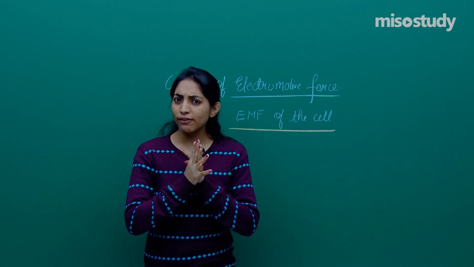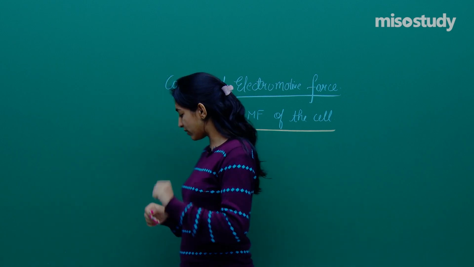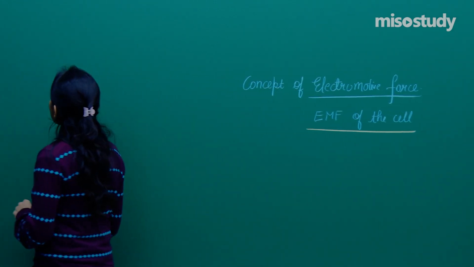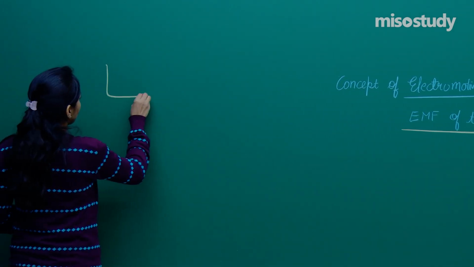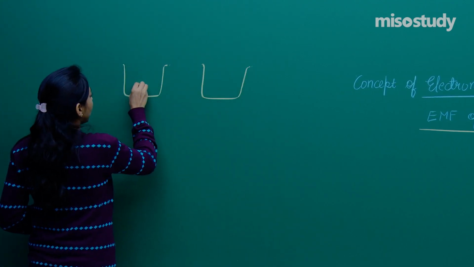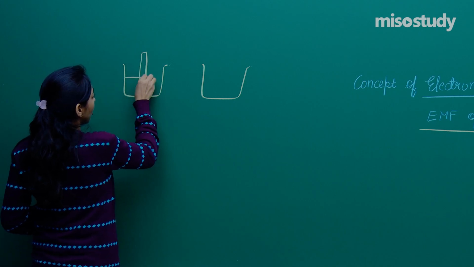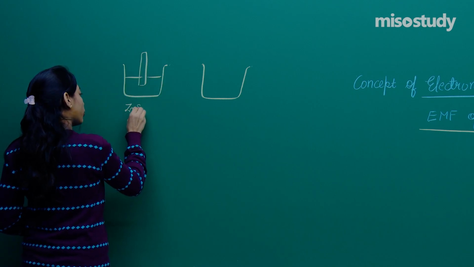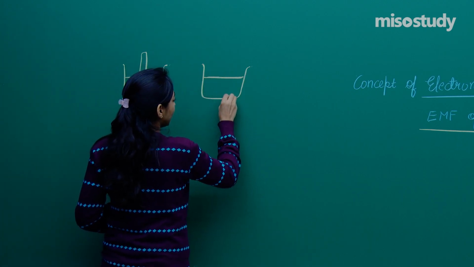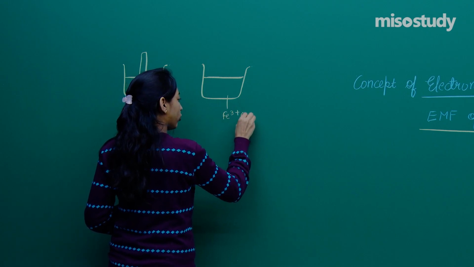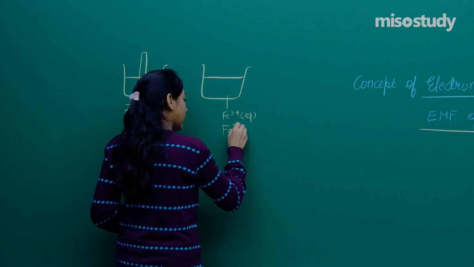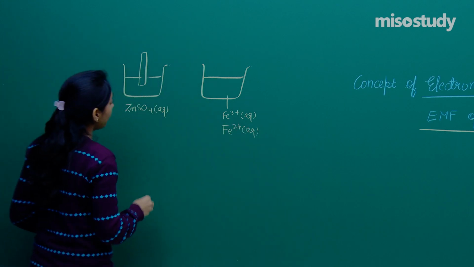If I'm not wrong, I gave you a question in the last class. The question was something like this: you have two containers given to you. In the left hand side container you have aqueous ZnSO4, and in the right hand side container you have an aqueous solution of Fe3+, and in the same solution some Fe2+ ions were also present.